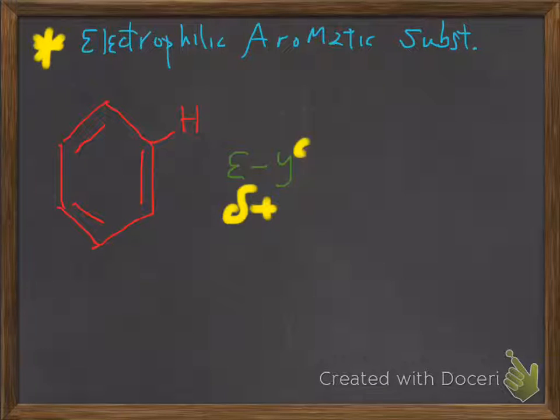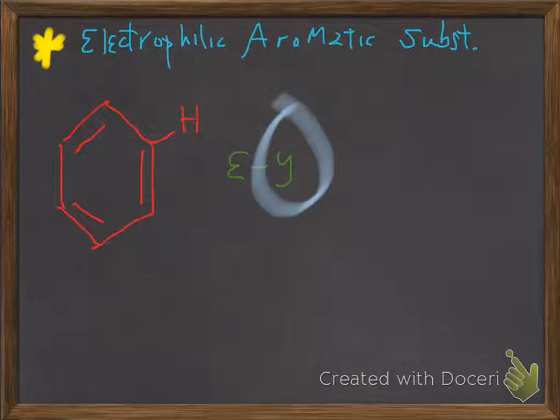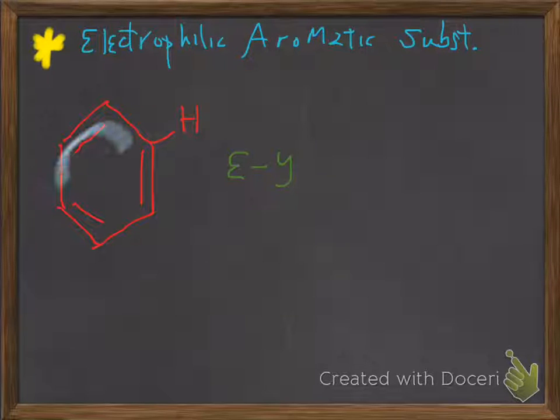The delta negative side is by the Y. Okay, so let's now think about what do we have here that is electron rich that can do the attacking. One thing that's electron rich really is the Y portion, but that's already attached to the electrophile, so we can rule that out. The other thing that's electron rich is the benzene ring.